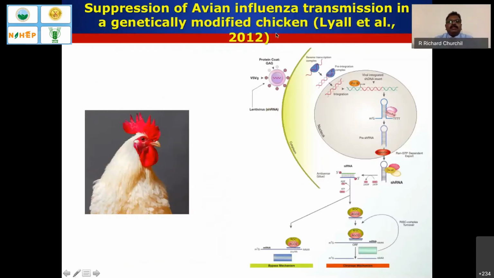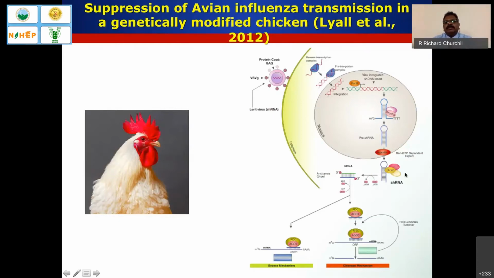And there was a big breakthrough in 2012. Scientists from the Roslin Institute developed a chicken which is resistant to avian influenza. They used virus-mediated gene transfer, where the virus carries the gene for short RNA genes.